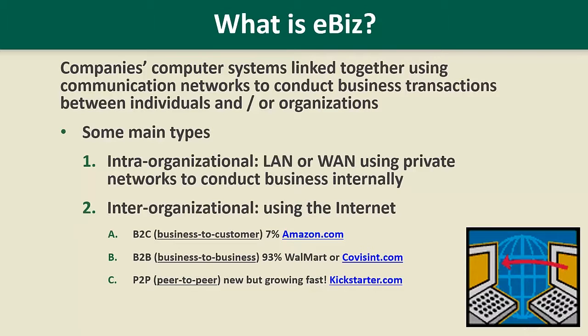P2P, something rapidly growing, fairly new. Peer-to-peer is basically ordinary everyday people working with other ordinary everyday people to raise funding for new startups, new ventures, new projects. Kickstarter is an example of this, also Prosper.com.